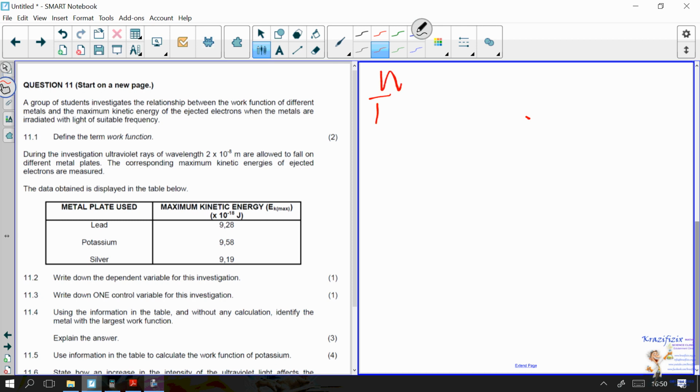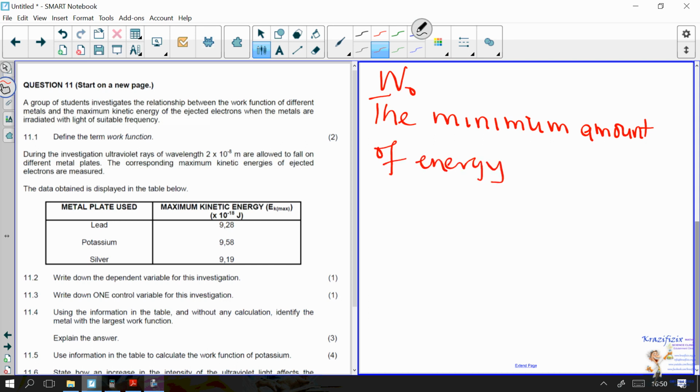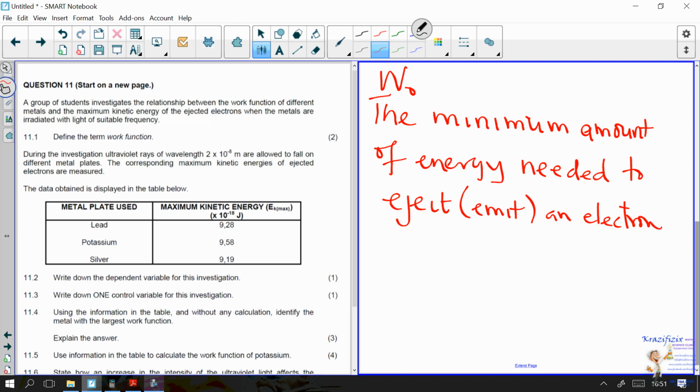It is the minimum amount of energy that is needed or required to either eject or emit an electron from the surface of a metal. Great. 2 marks.